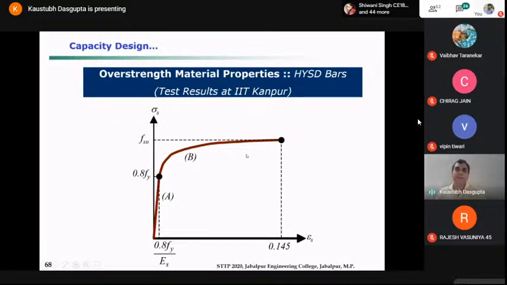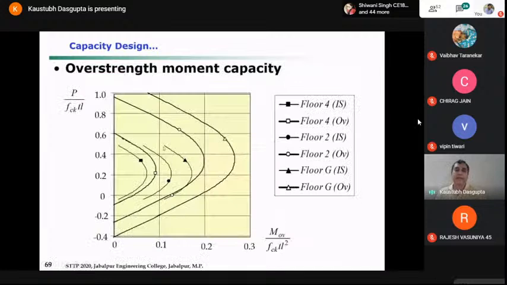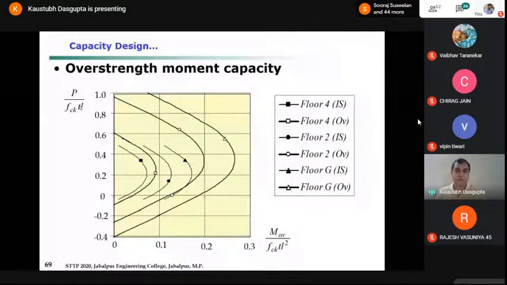So using them, I had compared the difference between the design PM curve and the overstrength PM curve, right? So these are in the normalized form. Instead of B and D, I use the thickness of the web and the length of the wall. So these are the curves which are for the design stress strain curve.